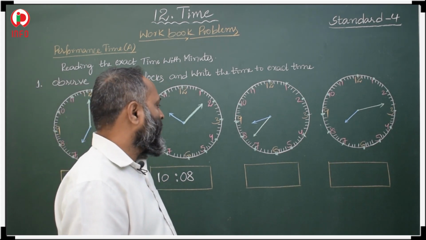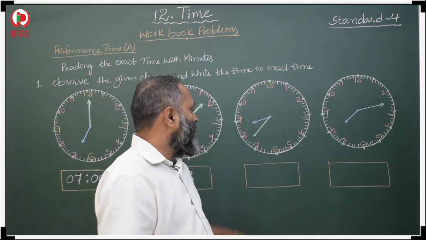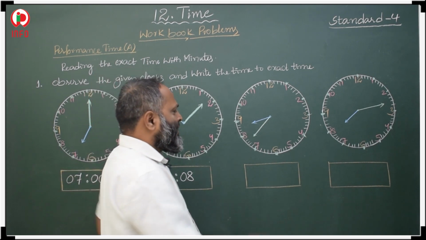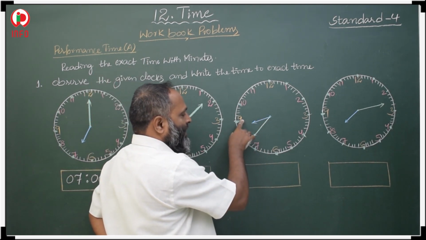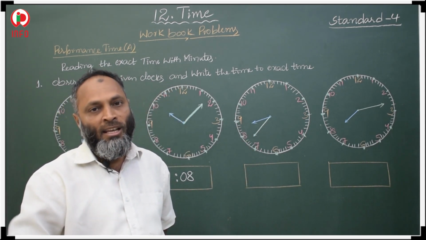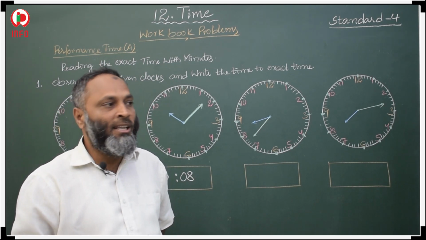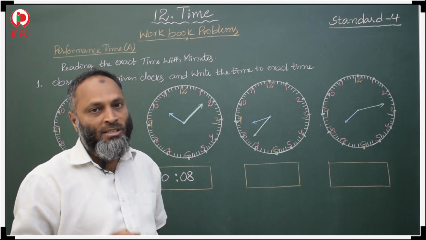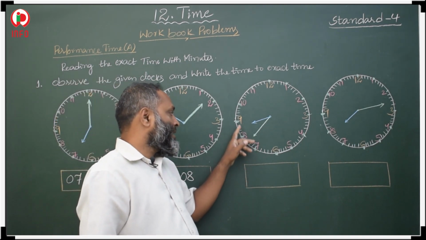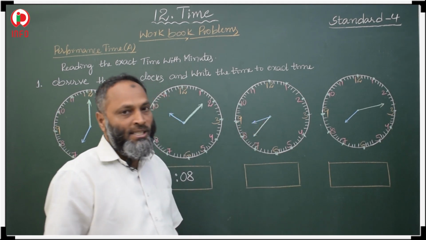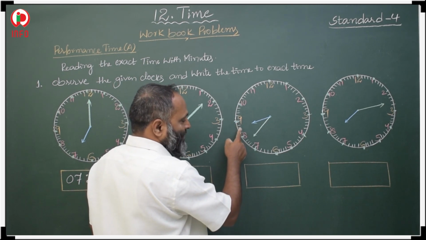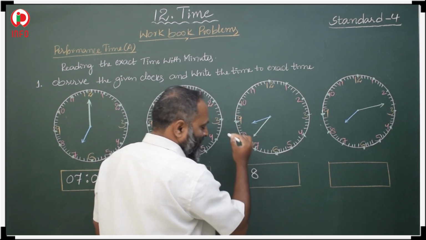Then in this clock, first we check where the hours hand is. The hours hand is in between 8 and 9. If the hours hand is in between two numbers, we should take the smaller one. In between 8 and 9, the smaller one is 8, so it means 8 hours.